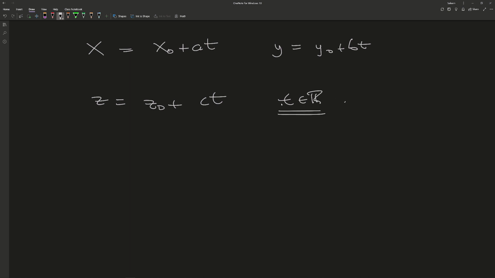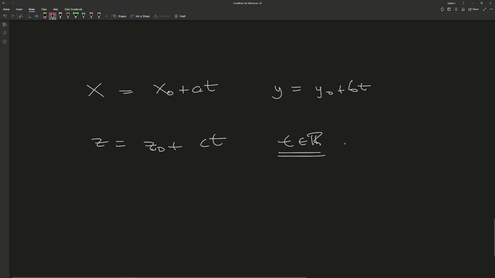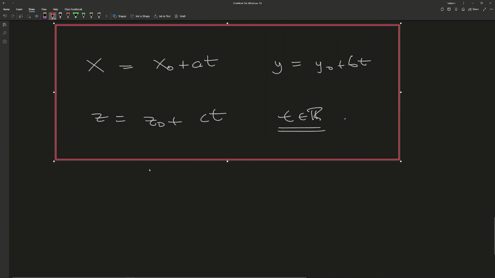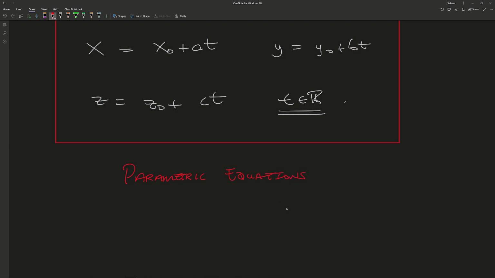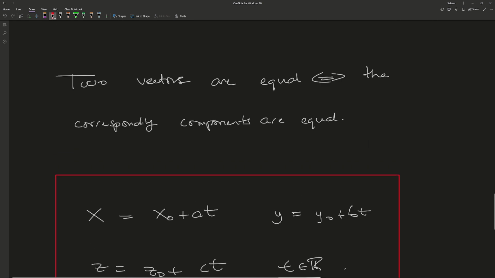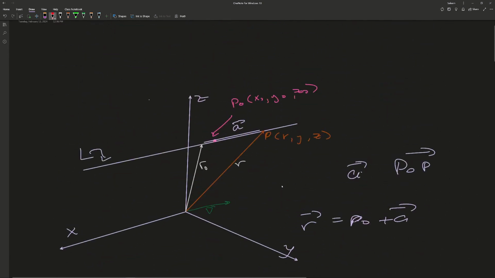So these three equations, I should have written this in red, put them in a box. These are called the parametric equations of this line L, through this point p0, which is x0, y0, z0, and is parallel to this vector v.